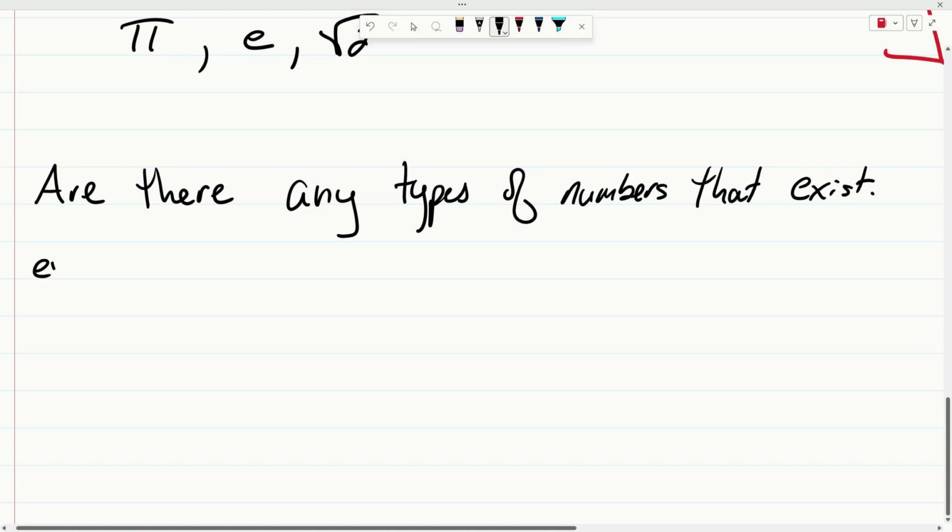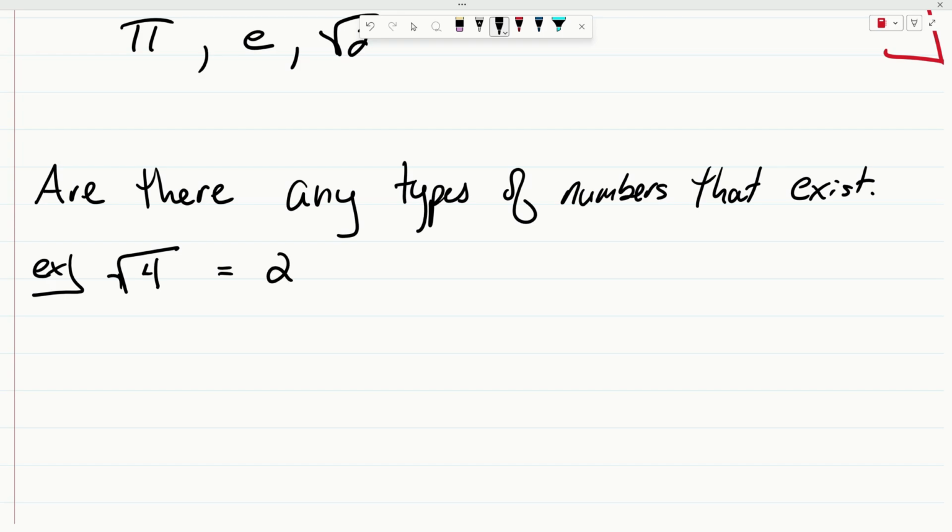For example, if I asked you what the square root of 4 is, you would say 2. But what if I asked you, what is the square root of -4? Well, the square root of -4, which you might have seen already, we'll probably go over this later in the semester. But the answer is 2i.